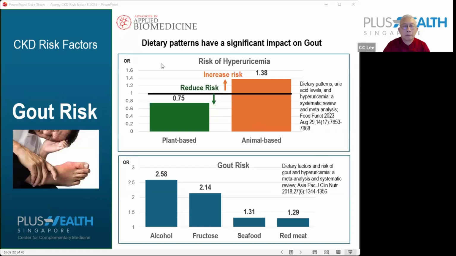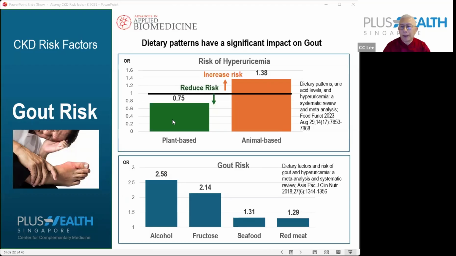Okay, now for gout itself, dietary patterns have a very significant impact on gout. You can see from this chart here, if you are taking an animal-based diet, your risk of hyperuricemia increases.